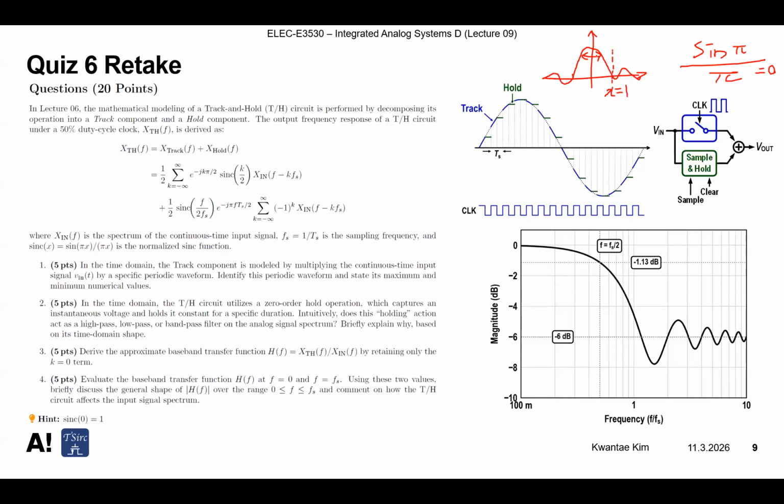So it has a bandwidth within a certain frequency band, and it goes towards 0, but it doesn't touch 0 for track and hold because of this track mode component.